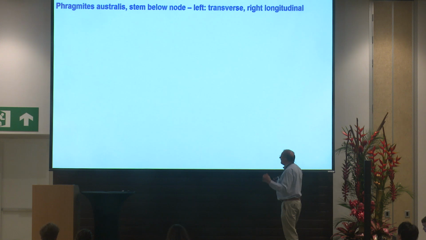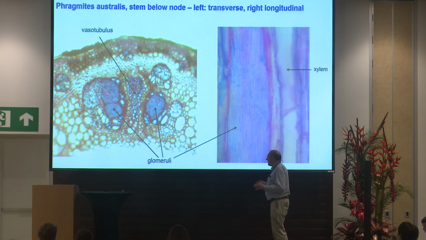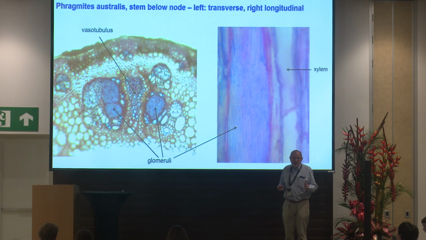And I show you now Phragmites australis bundles in the nodal area forming so-called glomeruli. In former times, glomeruli were known from Dioscorea species. Then a predecessor of Linnea in Hamburg, Professor Liese, found glomeruli in bamboos.